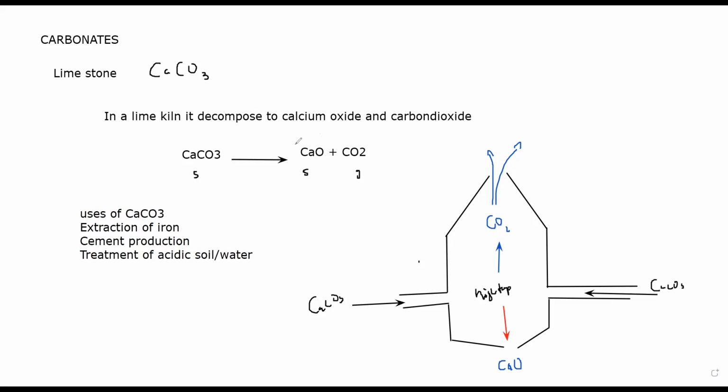this calcium oxide is known as quick lime. Lime, or you can also say quick lime. So basically, what is lime or quick lime? Calcium oxide is the lime or the quick lime, and how is it formed?